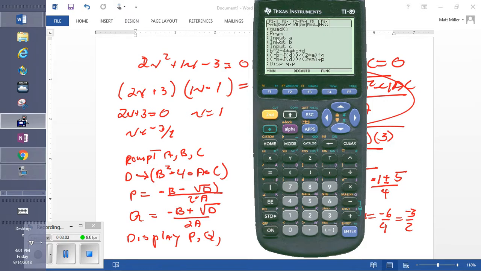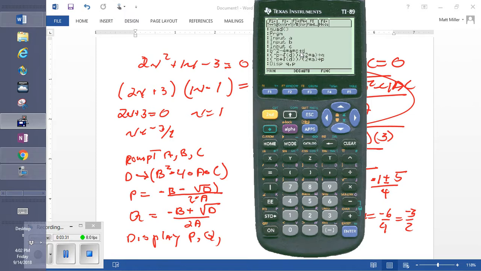It wants to know. You've got to feed in A, B, and C. And then you can see there's a line here executing the quadratic formula, the discriminant right there. The equals is using this store button, okay? Where it sees that arrow, you don't want to use equals.